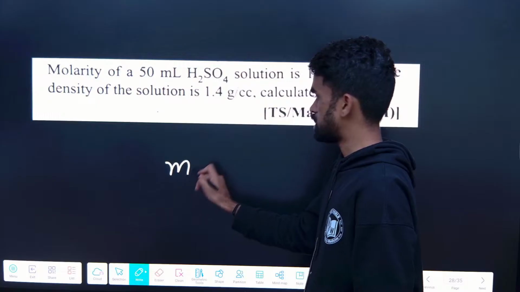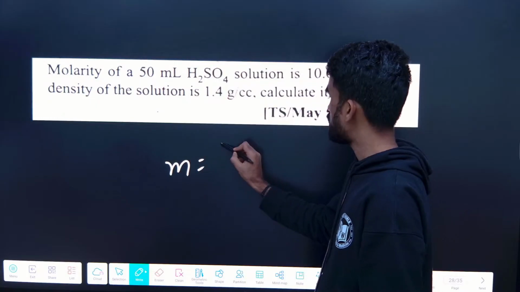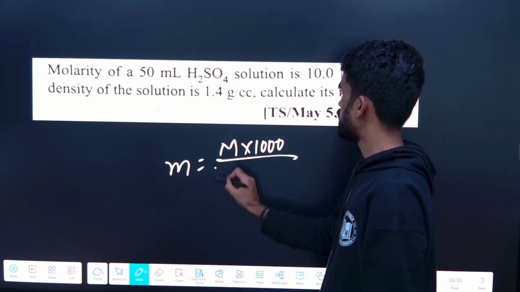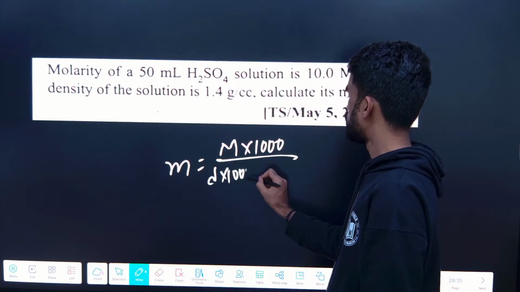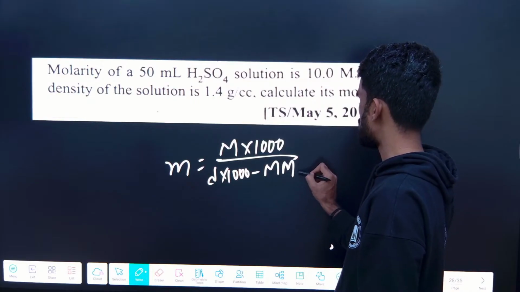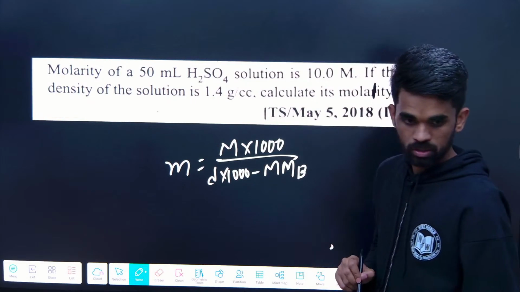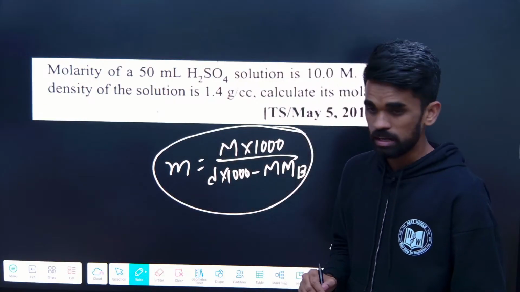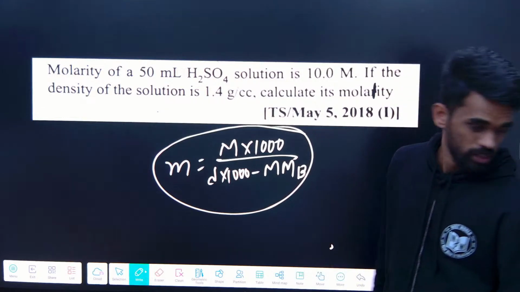Small m equals, as I told you in the last class, capital M into 1000 divided by density into 1000 minus molarity into molar mass of B, the solute. Use this formula to get the answer. You can also do it conceptually, or use this formula.